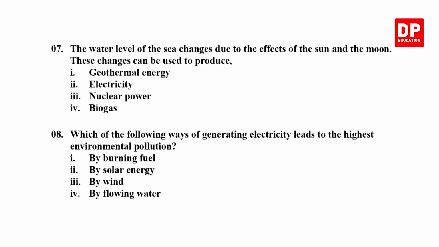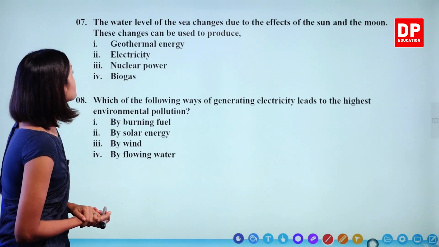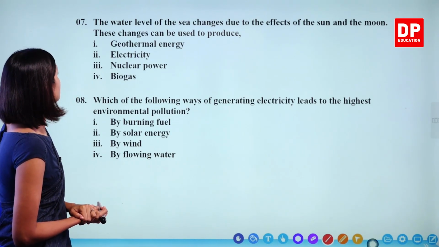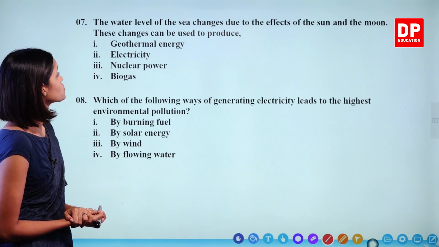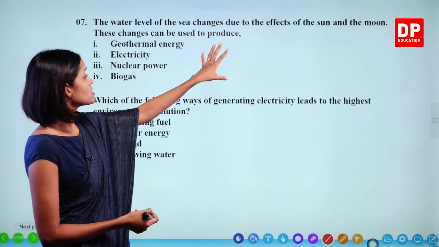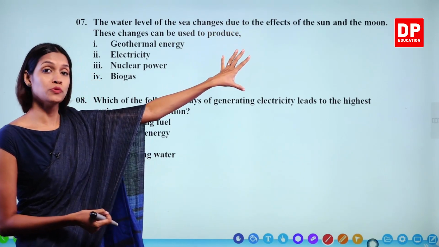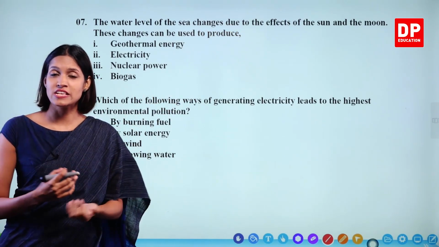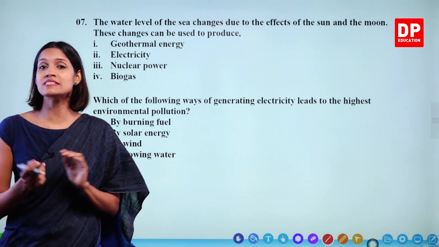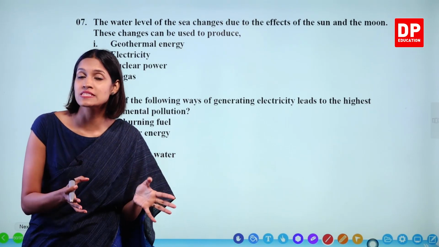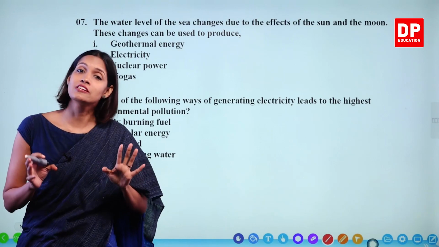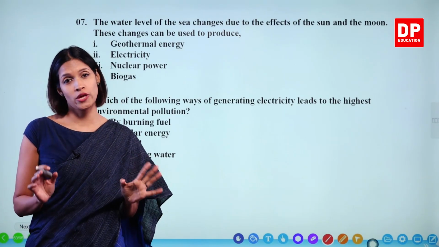Number 7. The water level of the sea changes due to the effects of the sun and the moon. These changes can be used to produce. Now we learned that because of the gravitational force of the sun and the moon, sea water level changes. Sometimes the water level increases above the normal level and sometimes it reduces below the normal level. These instances are known as the occurrence of tidal waves.